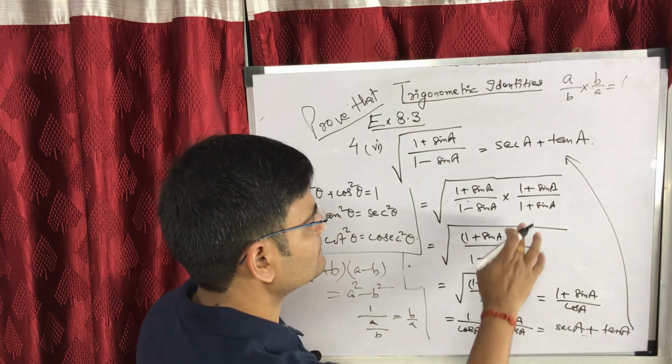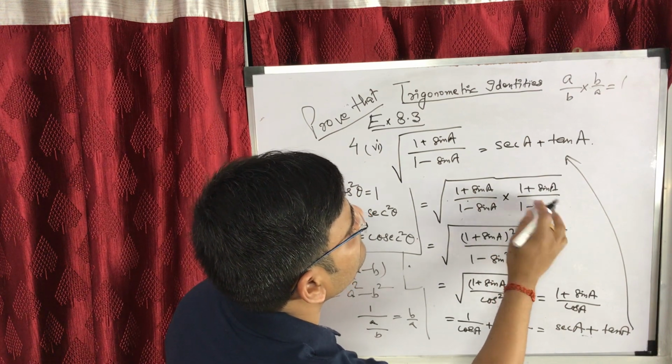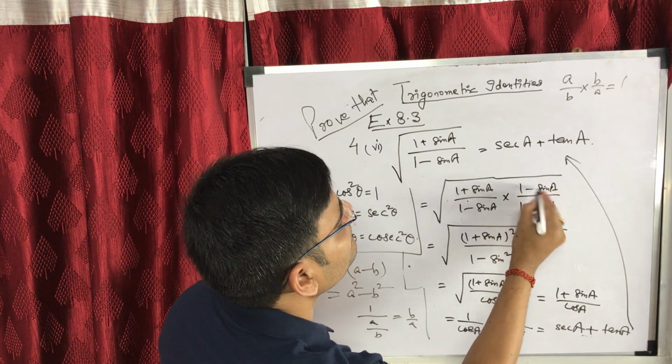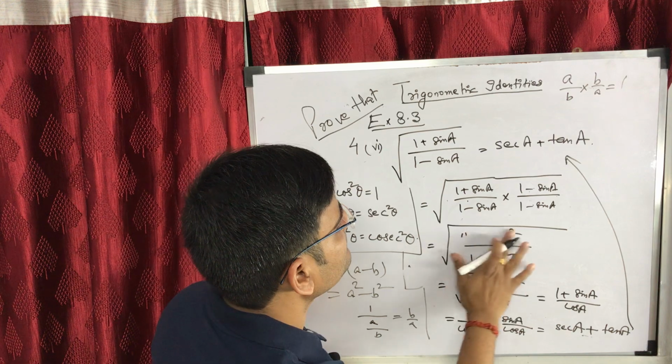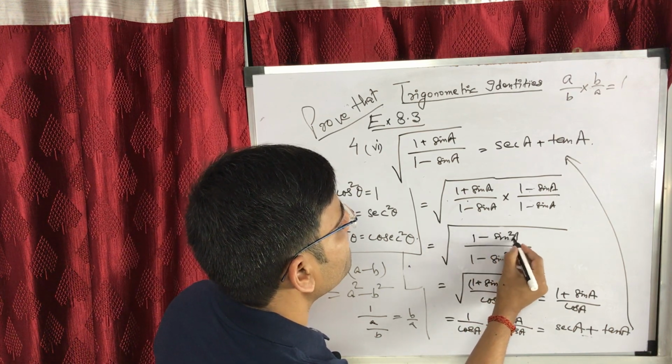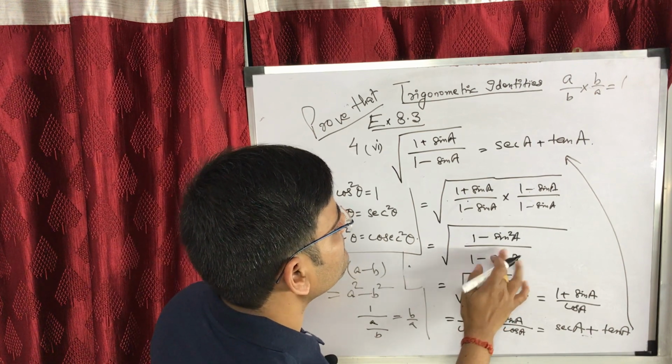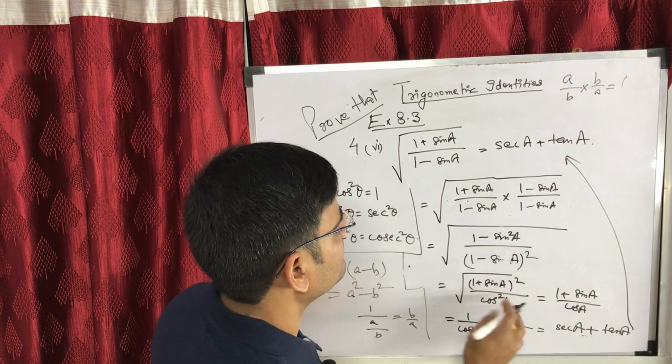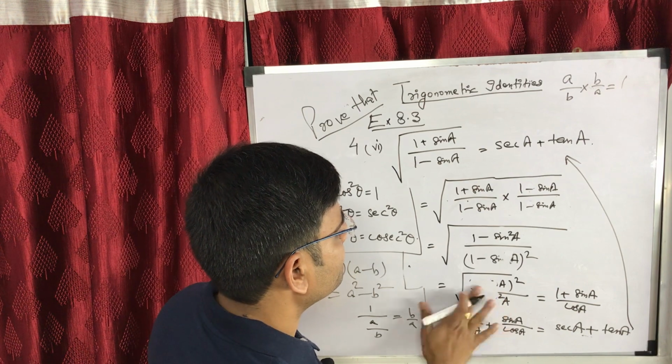You may ask, why didn't I multiply with 1 minus sin A? If I do that, this will become 1 minus sin square A in the numerator and 1 minus sin A whole square in the denominator.